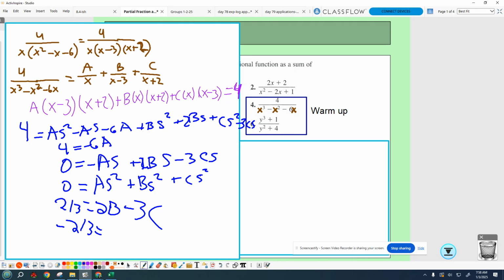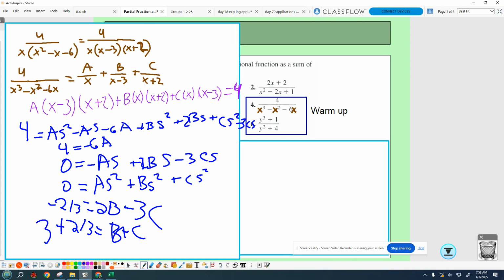So that means you're missing a sign. Triple this equation, put them together.